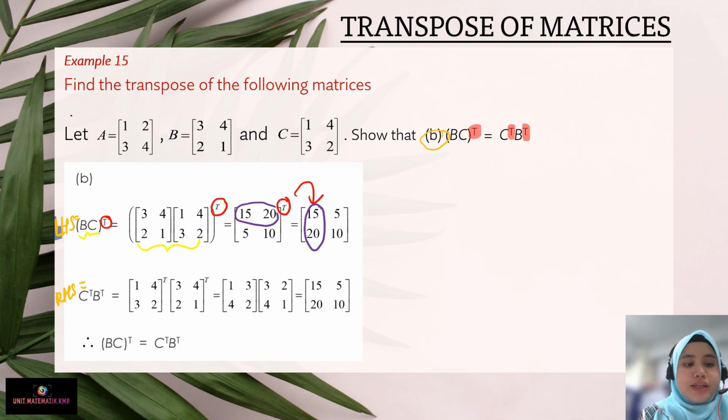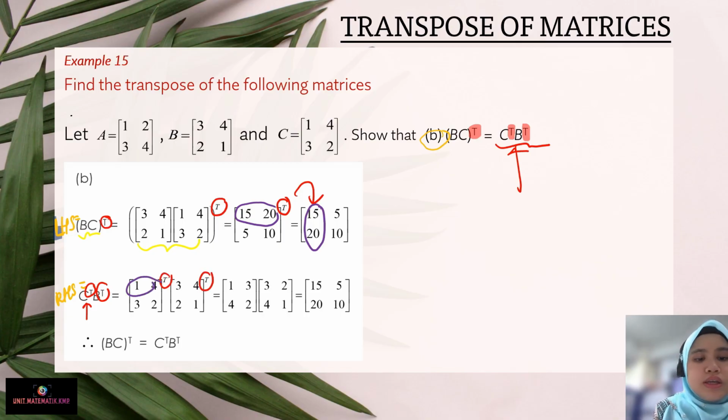Next, the right hand side, we have C transpose B transpose. As you look at the equation, you start with C, so make sure you start with C. Don't ever change the position of the matrices. Follow the order given in the question. C transpose means we need to transpose it first before we multiply.